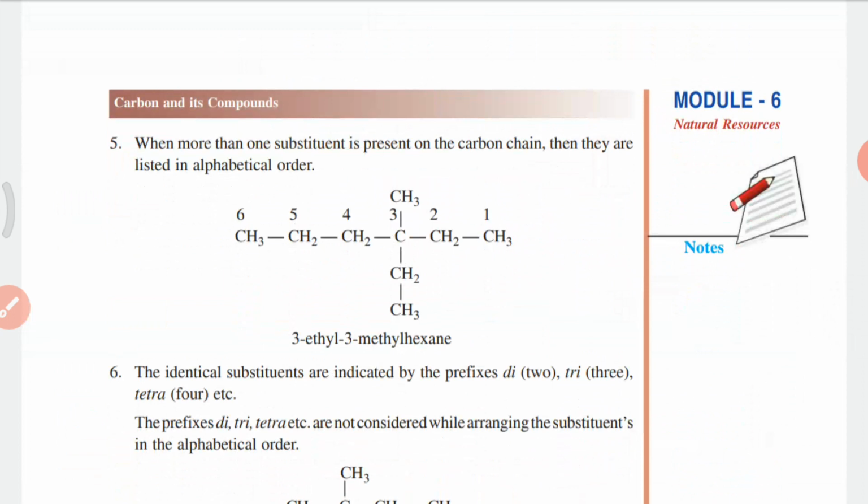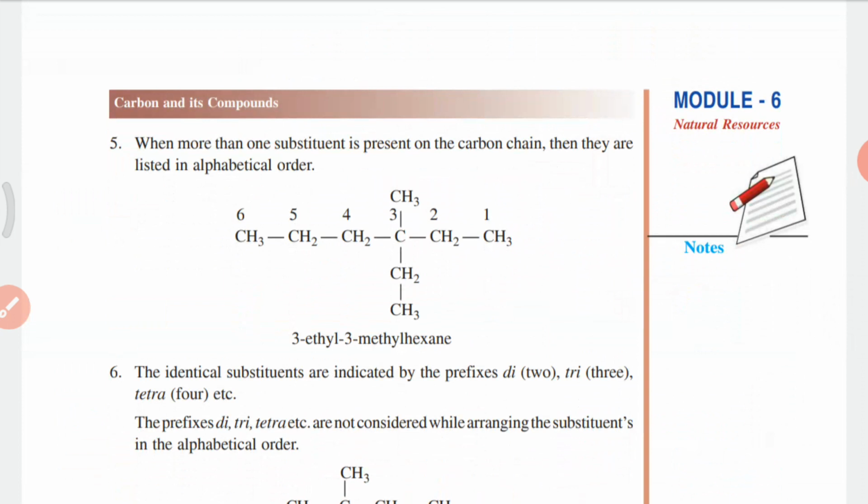If two different groups are attached, we give the name in alphabetical order. So this compound is known as 3-ethyl 3-methyl hexane. The compound is hexane. An ethyl group and a methyl group are attached to the third carbon atom.